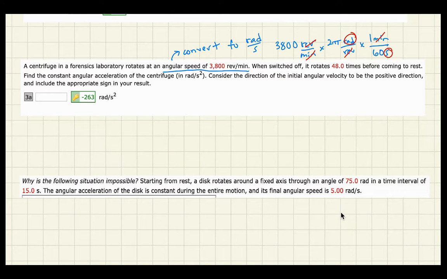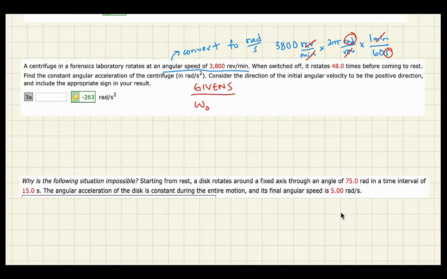Okay, then we're switched off, and it gives us a number of rotations before coming to rest. So what that's telling me is the original angular speed. Omega naught is given here. These are our givens.